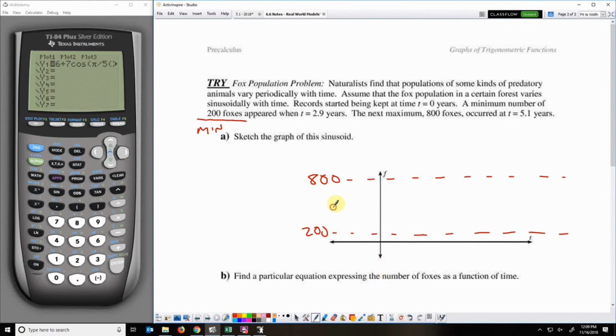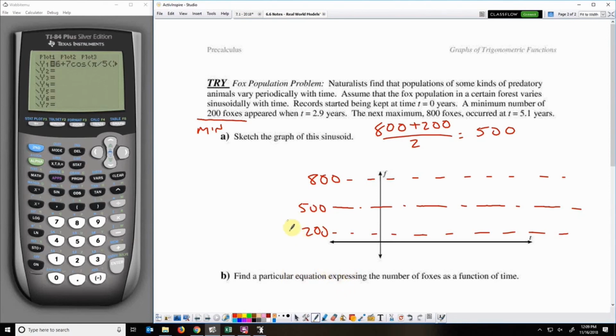Halfway between those is the sinusoidal axis. So 800 plus 200 divided by 2, so the average of the max and the min is 500. So the sinusoidal axis is 500 foxes.